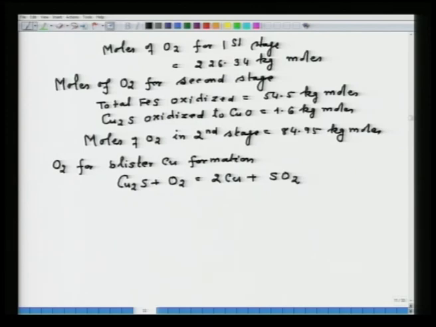Now we have to calculate the amount of Cu2S which is oxidized. You already calculated the amount of copper which is formed, in kg moles, because 1 mole of Cu2S gives 2 moles of copper. So you have to take that into notice.